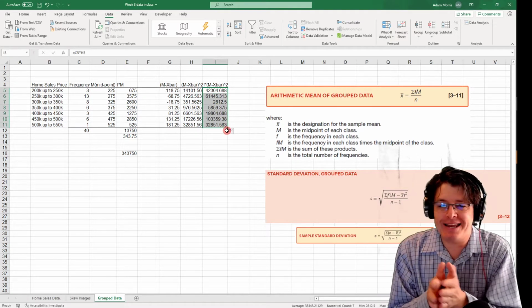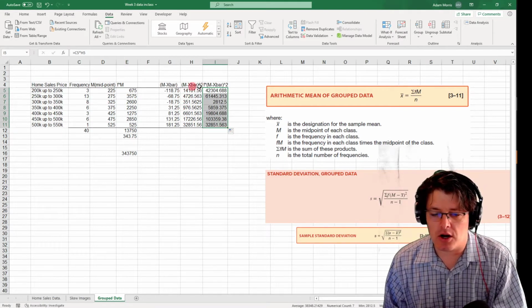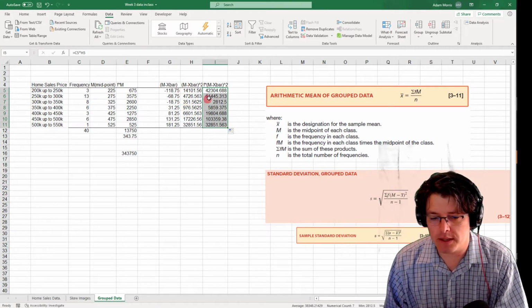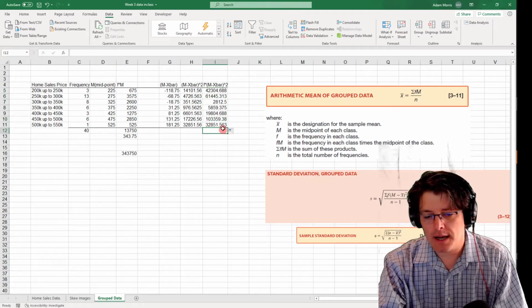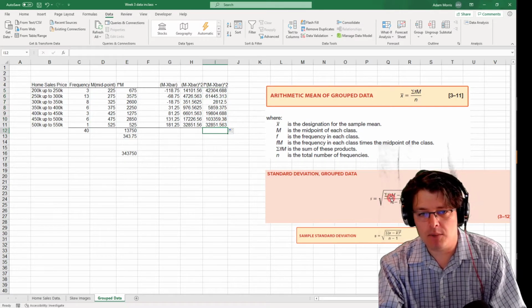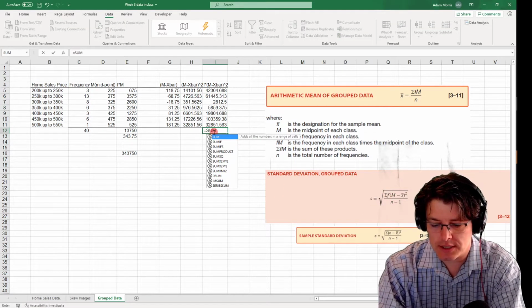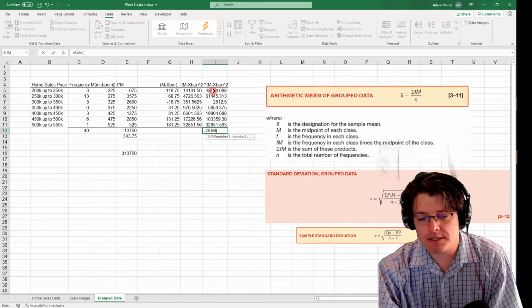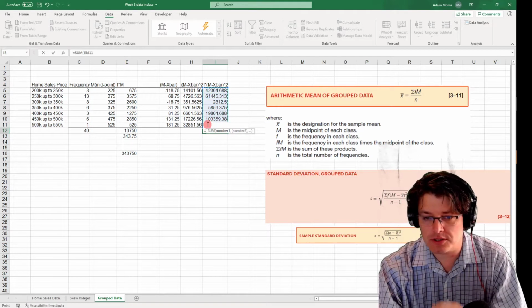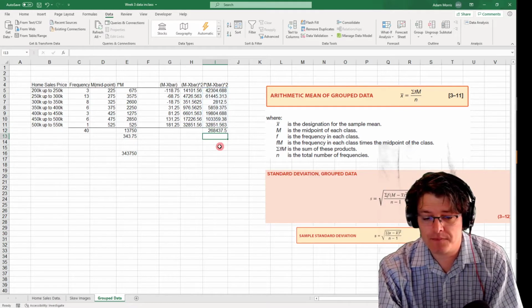And a lot of times, once you're familiar with what you're trying to do, you can smush all of these columns together into one formula. But now we have most of the numerator. All that's left is to sum it up. So let's go ahead and use the sum command and sum up this column, which includes the frequencies and the deviation squared.